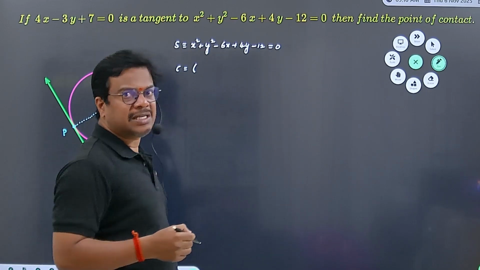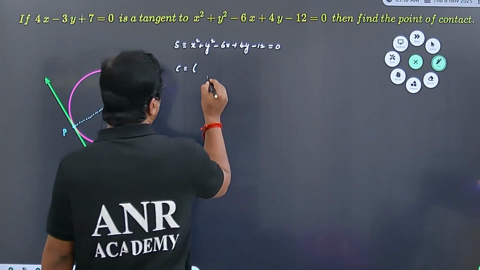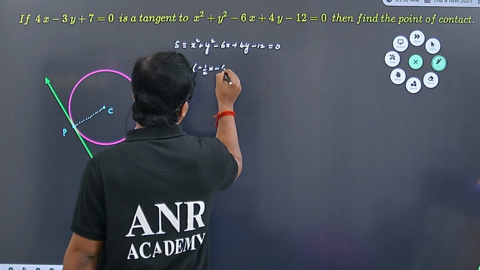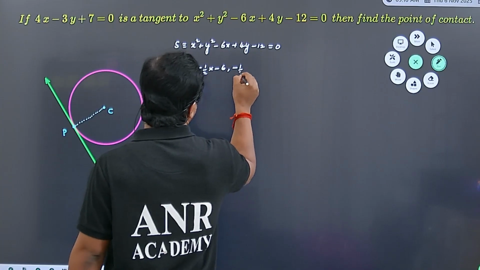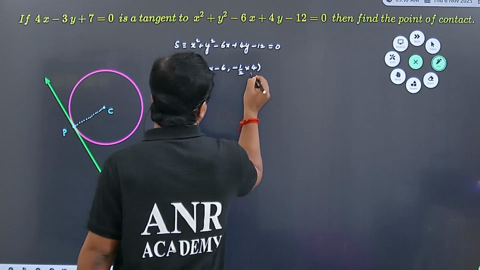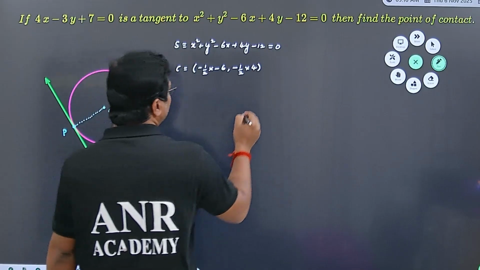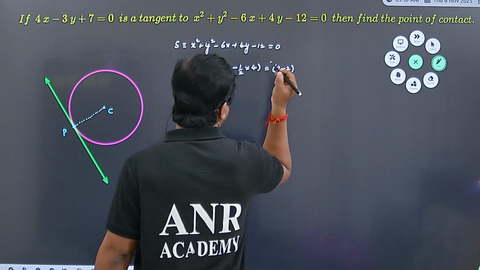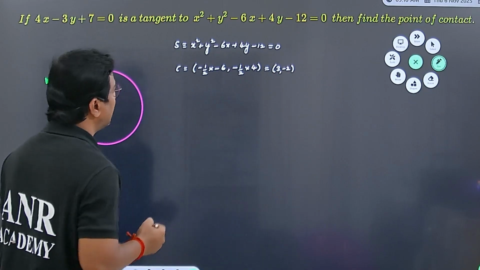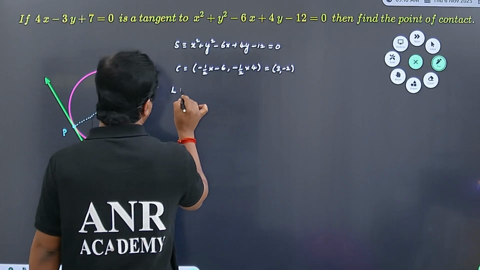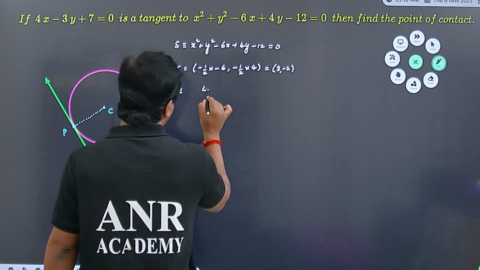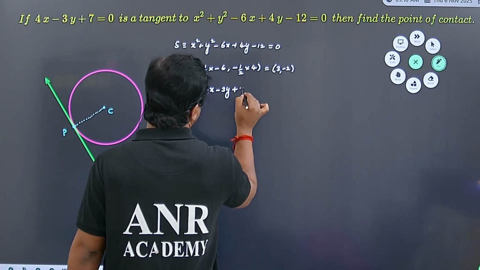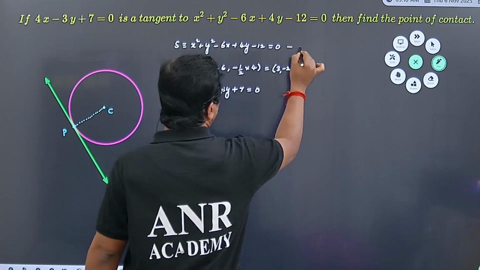Center formula minus g comma minus f, minus half into coefficient of x, comma minus half into coefficient of y. So that what we get? Center 3 comma minus 2. Next, given line whose equation 4x minus 3y plus 7 equal to 0.